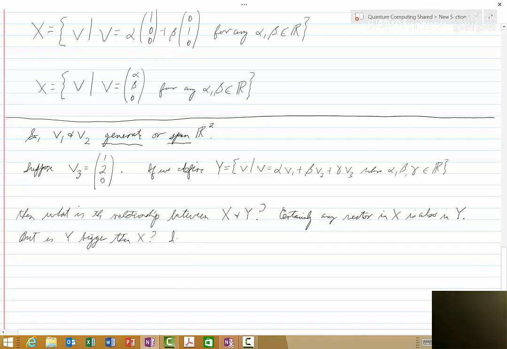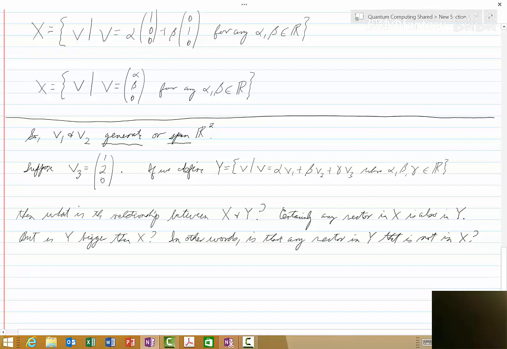In other words, is there any vector in Y that is not in X?